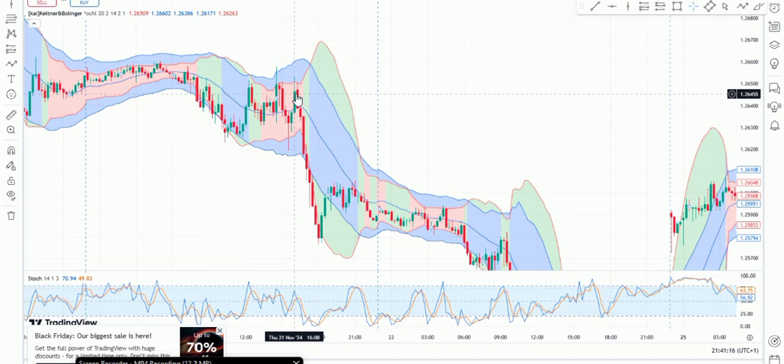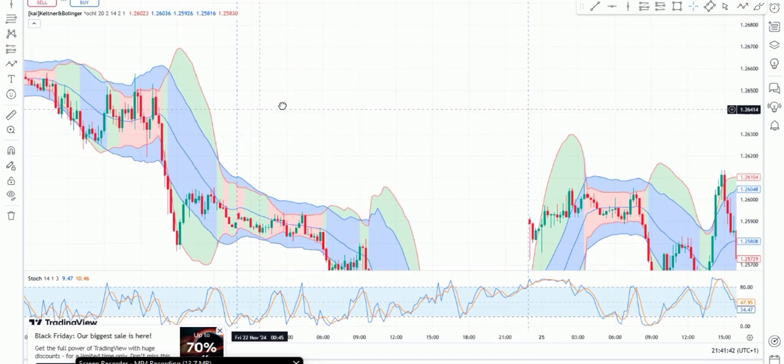The Bollinger Band we know is used to identify volatility in the market, while the stochastic is used to identify the trend in the markets. So before I show you how you set up your Bollinger Band and your stochastic, let's just talk about how you can utilize this strategy.